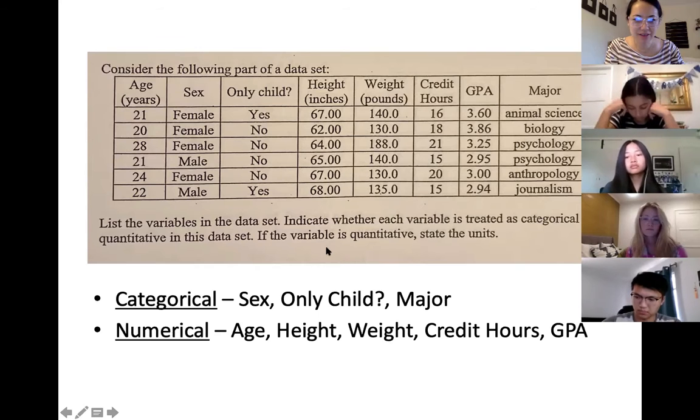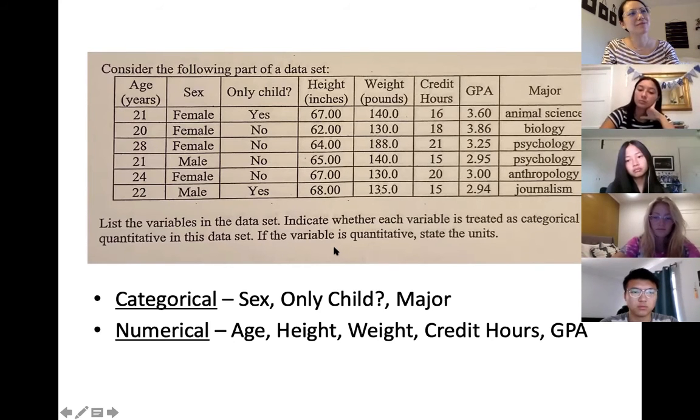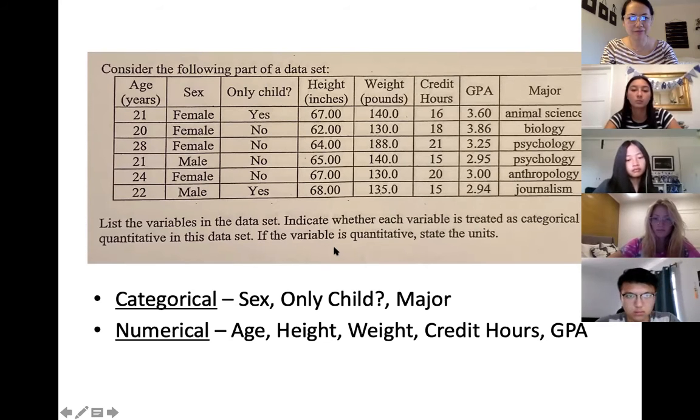If it is categorical, give me a thumbs up. If it's numerical, give me a wave.